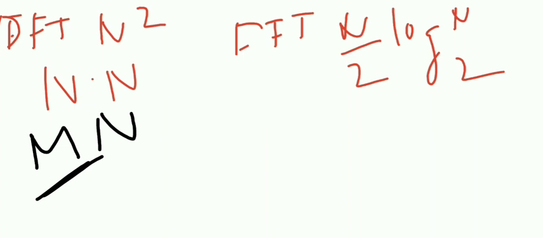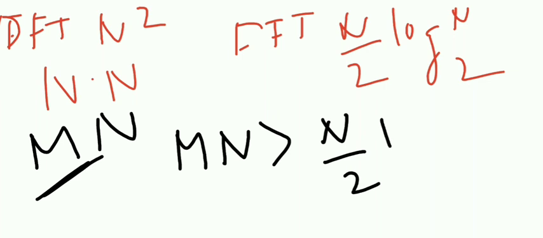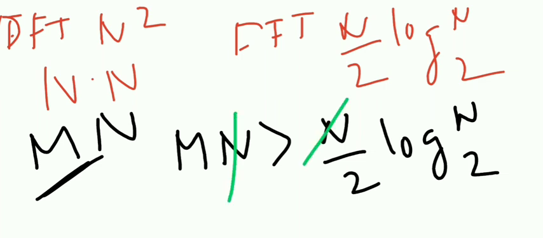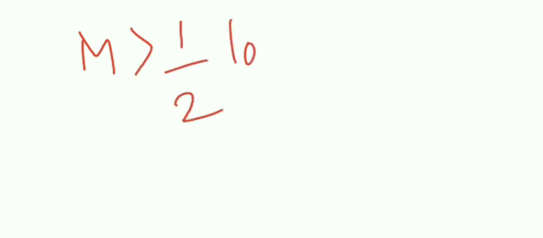So how do we prove the efficiency of FFT? We know that DFT takes more calculation than FFT. So MN must be greater than N by 2 log N base 2. To see how much FFT is efficient, I bring it to the left hand side, and N cancels with N. So M is greater than 1 by 2 log N base 2.